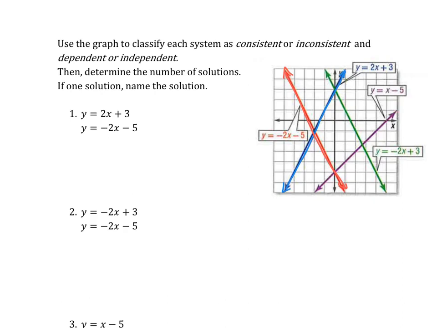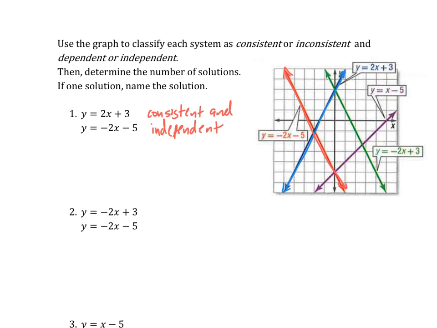And they cross at one point. So that means that our system is going to be consistent because they have a solution, and independent. And you can always use your chart to help you out to classify these systems if you're not sure.